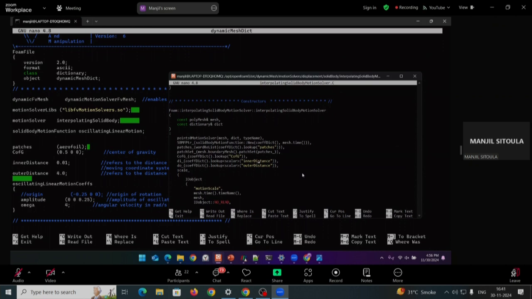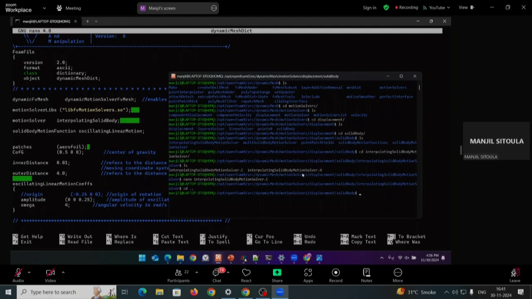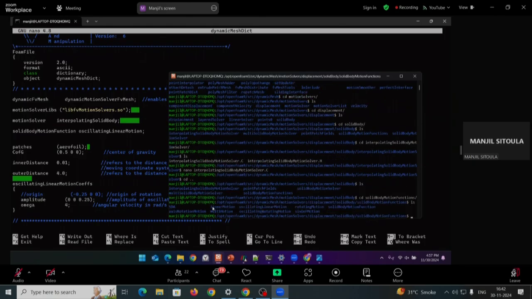And if we want to see what motion functions are available, then we can go to solid body motion functions. You can see in my terminal the motion functions. So what are the motion functions available? We can see here that there are different types of motion functions.